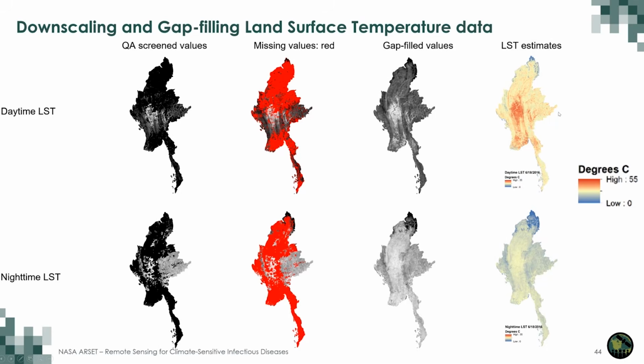Again, emphasis is here on estimates. This is not observed. This is really a modeled data set, but we're getting a fairly good representation of land surface temperature in degrees, both for daytime and nighttime observations, contiguously for every single observation period.